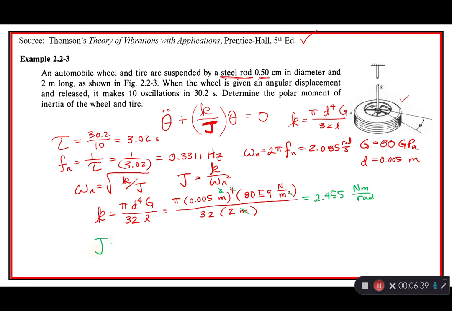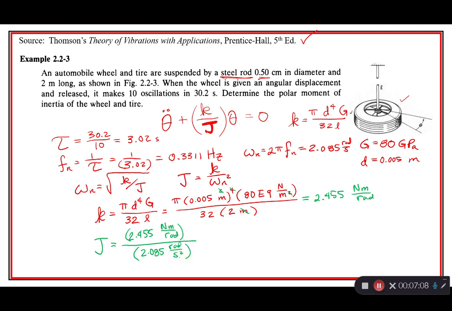J is equal to 2.455 newton meters per radian divided by 2.085 radians per second, squared.